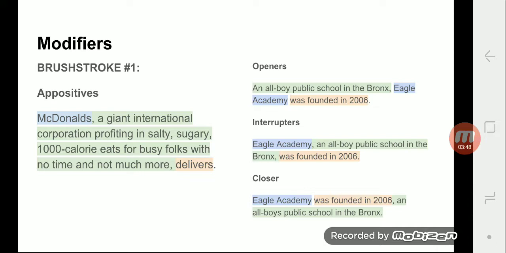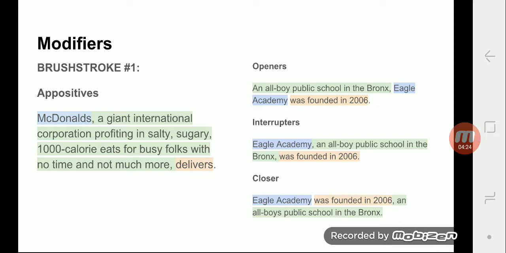So what I've done here is I've shown you the brushstroke we looked at last week, appositives, number one. Those are alternative noun phrases. And you can see, if you think about that blue and orange as the basic subject-verb part of the sentence, what these green modifier phrases do is layer on all this information while keeping that basic structure, so that the reader doesn't get confused if they do it right, while getting so much more information than they had in a subject-verb sentence.